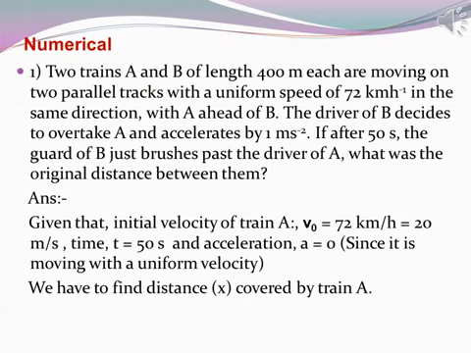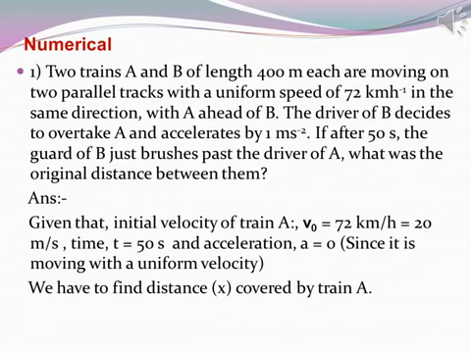Next, let us discuss numericals. First question is, two trains A and B of length 400 meter each are moving on two parallel tracks with a uniform speed of 72 km per hour in the same direction.